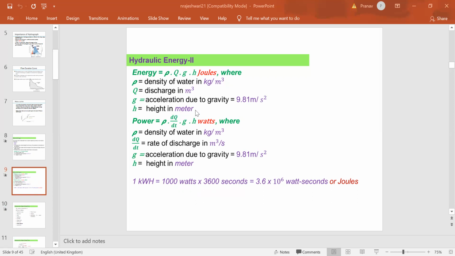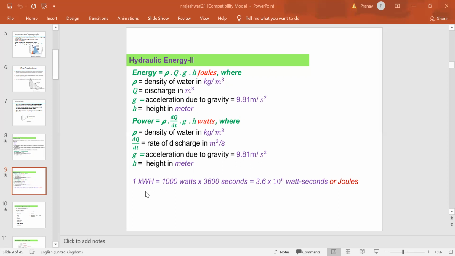If the density of water and the discharge are considered, this formula is useful to find the energy. And coming to the power, it is rho into dq by dt into g h watts, where rho is the density of water in kg per meter cube, dq by dt is the rate of discharge in meter cube per second, g is the acceleration due to gravity, that is 9.81 meter per second square, and h is the height in meter.